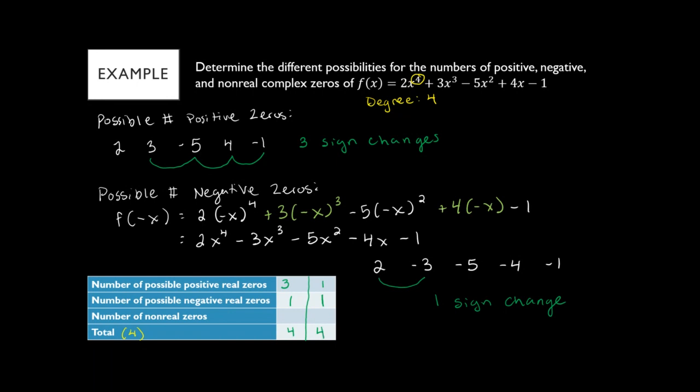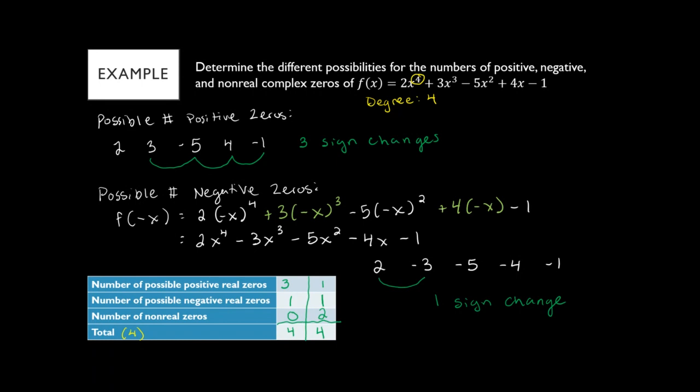So the number of non-real complex zeros is whatever makes this whole column add up to 4. So I've got 3 plus 1, that's already 4. So there are going to be 0 complex zeros. Or in the next column, I have 1 plus 1, which is 2. So I need 2 more in order to add up to 4.